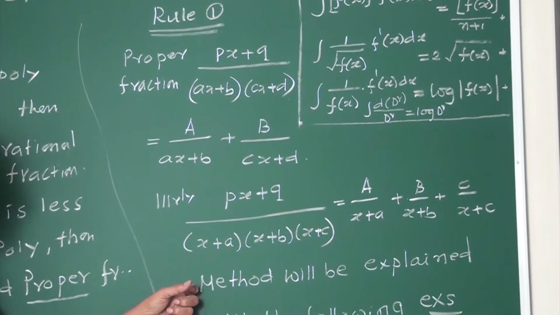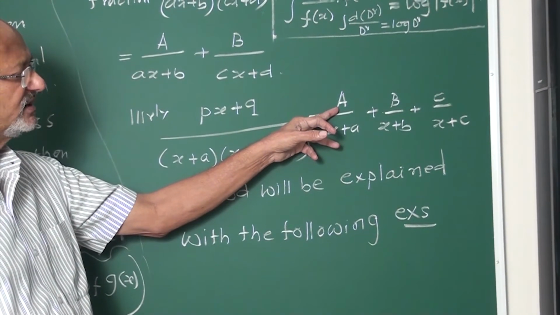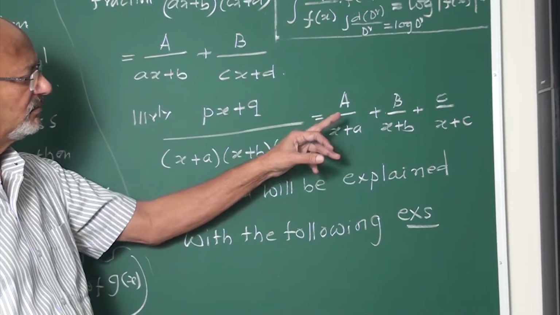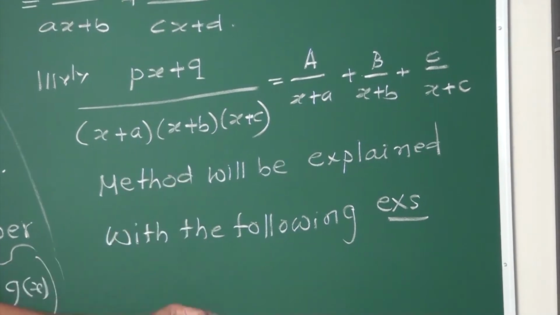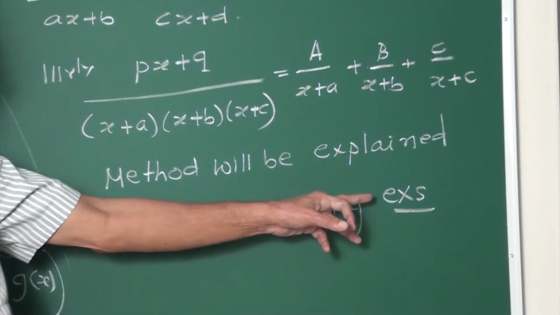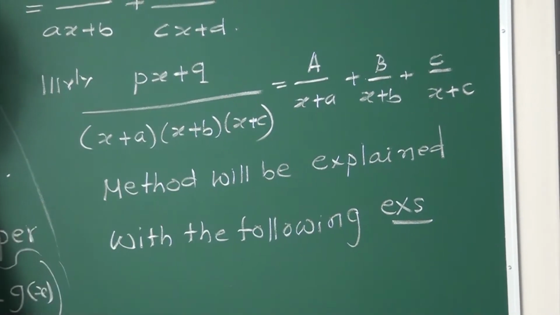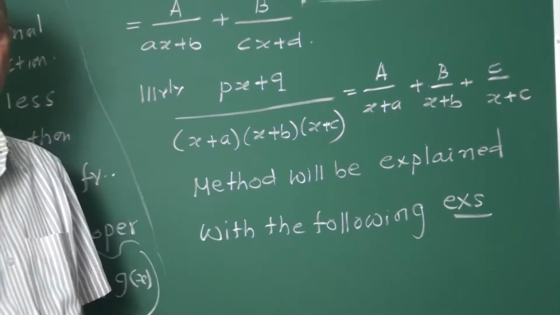A, B, C are real numbers. We can find A, B, C by making use of a special method. That method we will explain by taking the following examples one by one. My friends, I will take one more minute to explain.